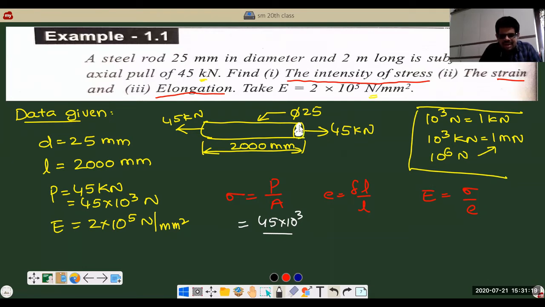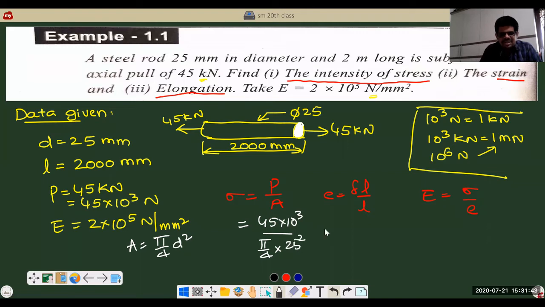So what is the formula for area of this particular portion? So this is the resisting area. Now tell me what is the formula for this area? So area is equal to, since this is circular in cross section, pi by 4 d square, and d value is also given. So this is pi by 4 into d square means 25 square.